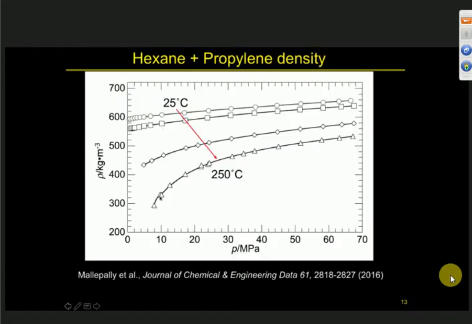I have a calibration curve, and I know the mass of the binary mixture, so I can calculate the density of this mixture. This is at 25 degrees C, the circles, the squares are at 50, the diamonds are at 150, and this is 250. As temperature increases, the density decreases.